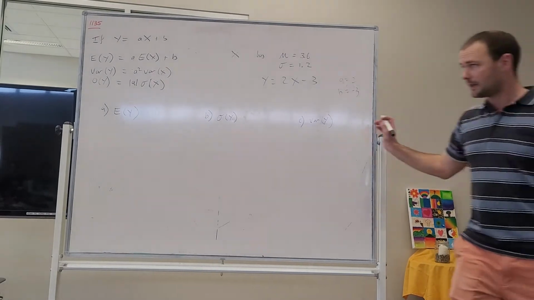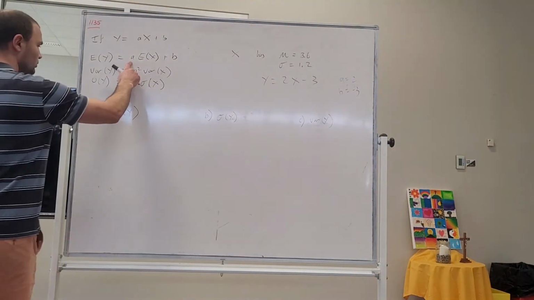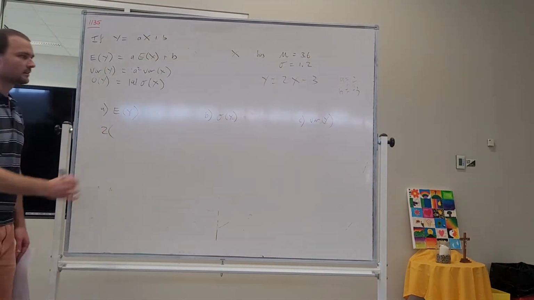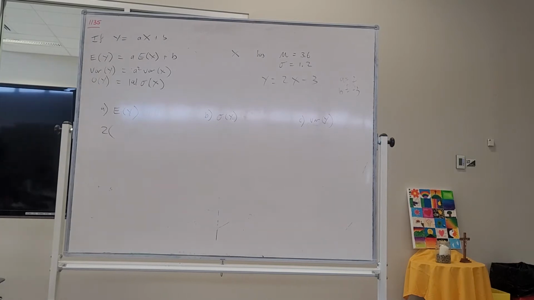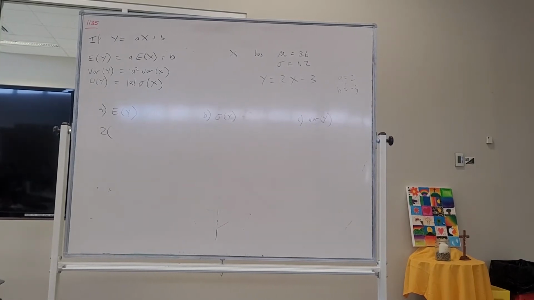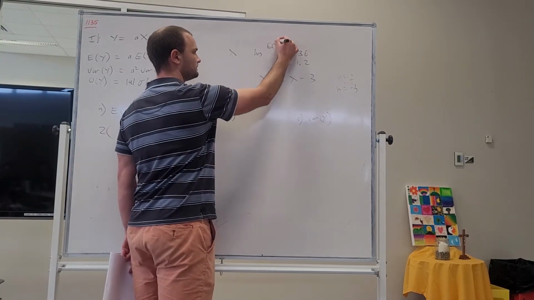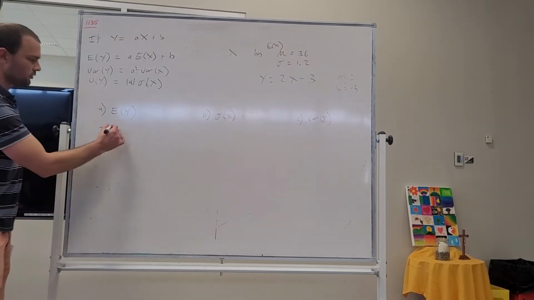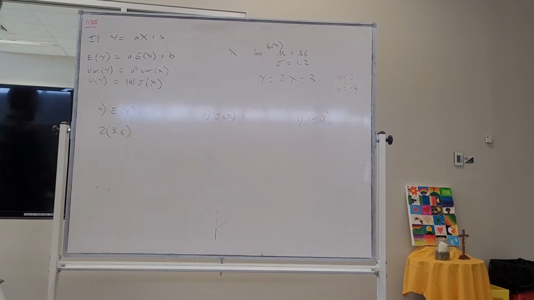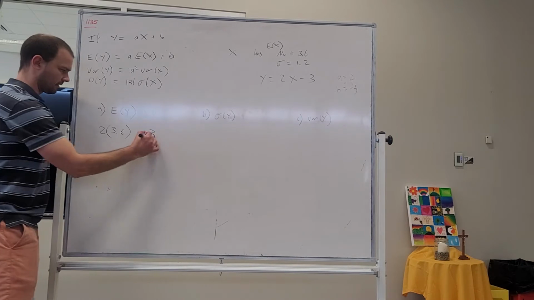So E of Y will be 2 times E of X. E of X means the mean of X. It's the expected value. So remember, mean and E of X mean the same thing. So it's 2 times 3.6 and then plus B. B is minus 3, so we have take 3.